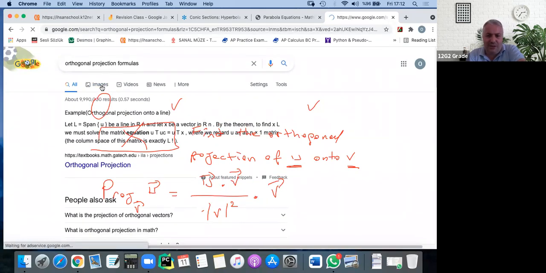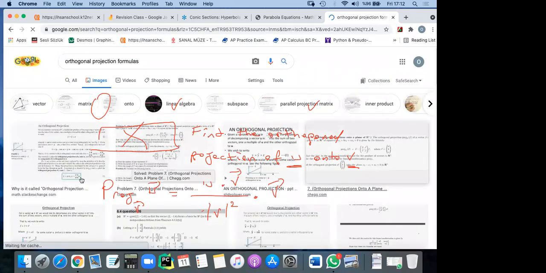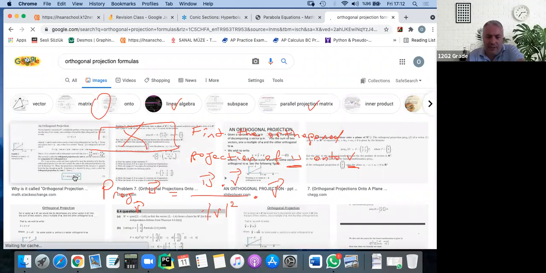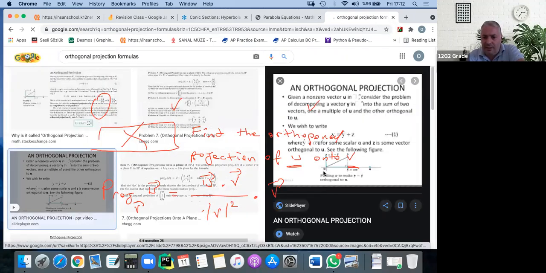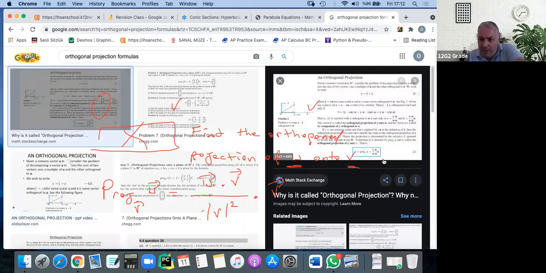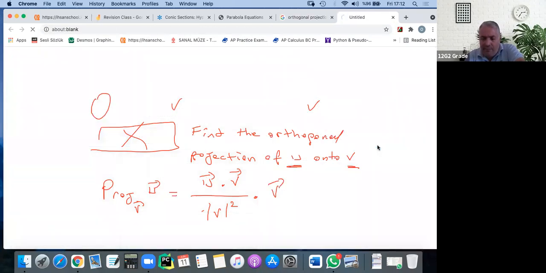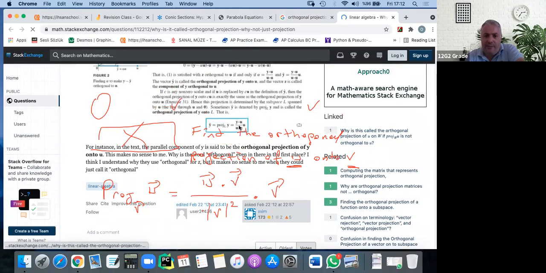Whenever I need, I just Google it. Yeah, that's the formula. Dot product, and u times u will be norm squared. That's the formula I told you.